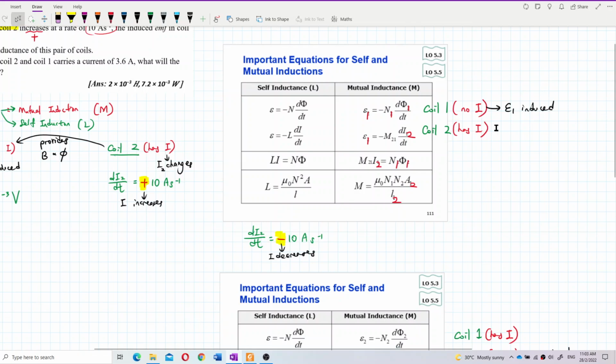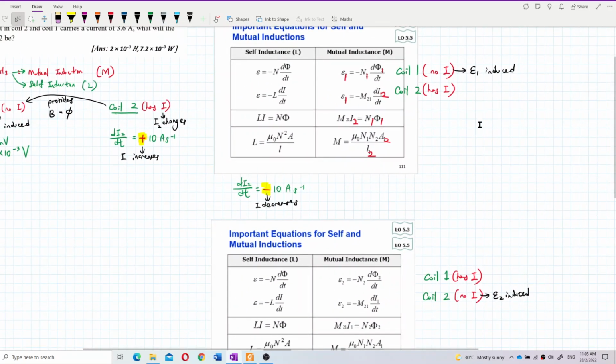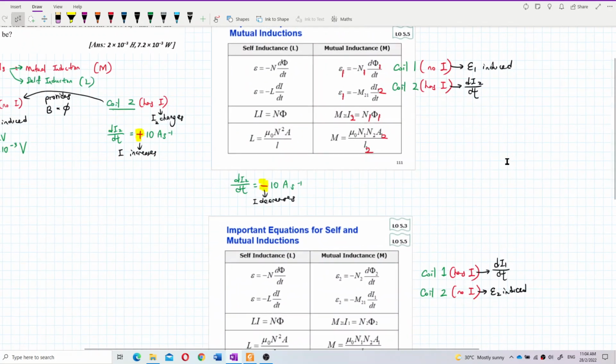That's the difference. There's a change of current in coil 2, so this is di2 over dt. Initially this one was di1 over dt. So can you see the difference?